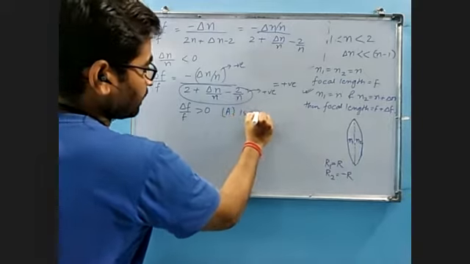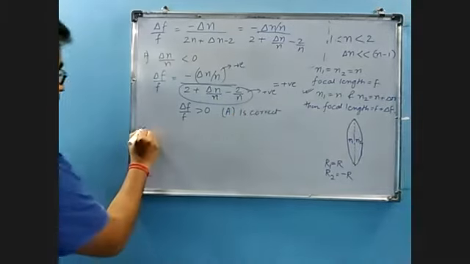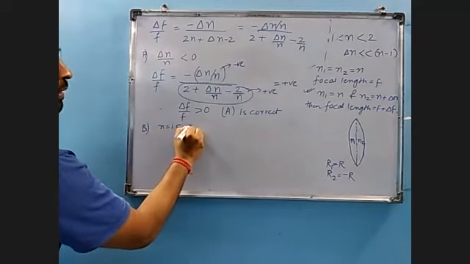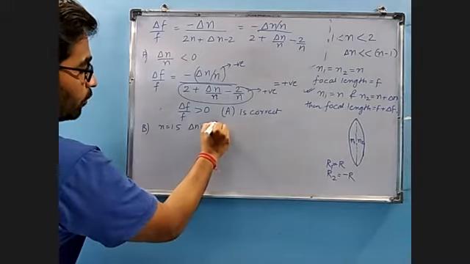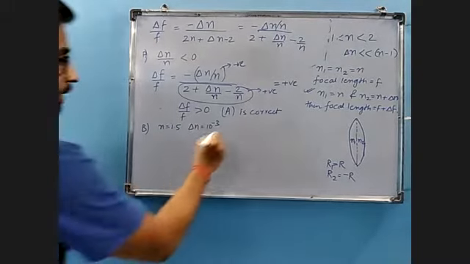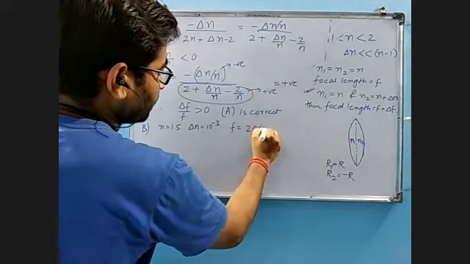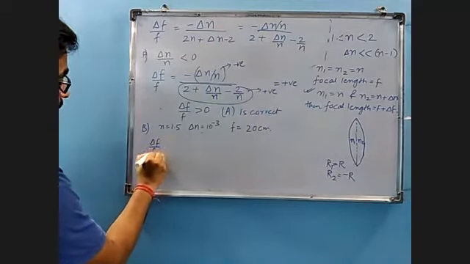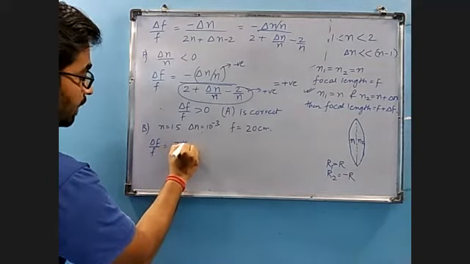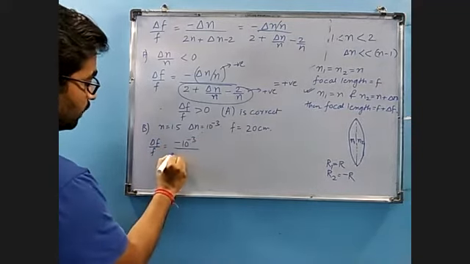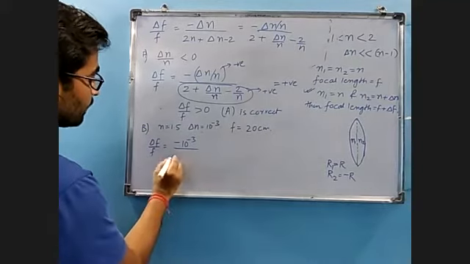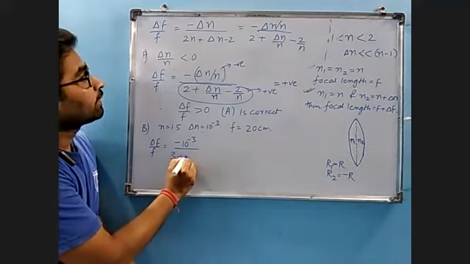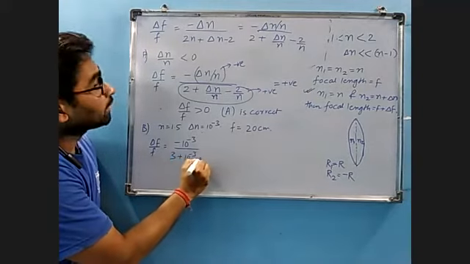So A is correct. Now the second part says, for n is equal to 1.5 and delta n is equal to 10 to the power minus 3 and f is equal to 20 centimeter. Keeping this in the first part only, you have delta f by f is equal to minus delta n, that is minus 10 to the power minus 3 upon 2 times 1.5, that is 3, plus delta n minus 2.